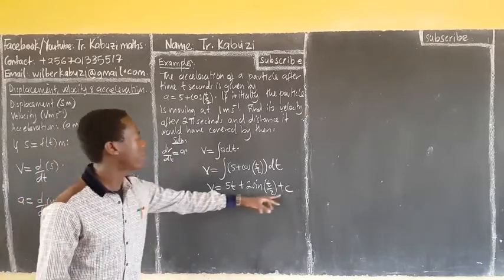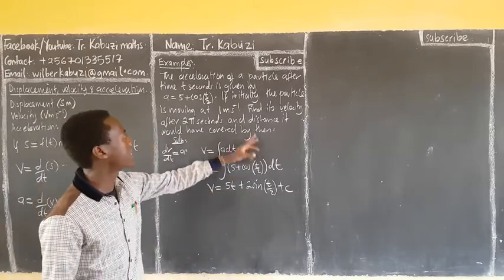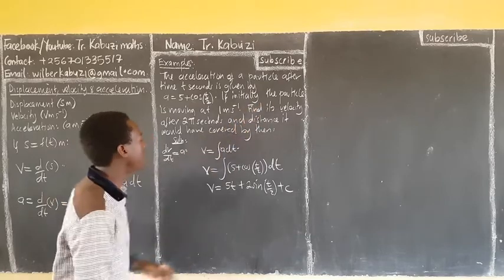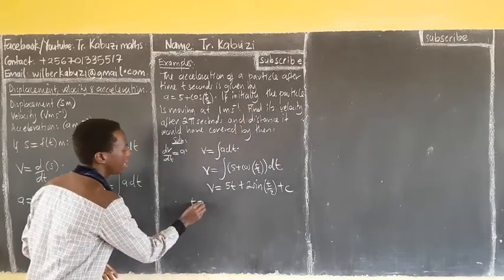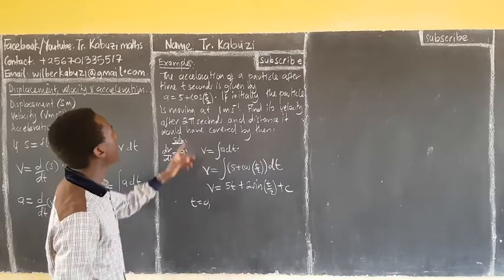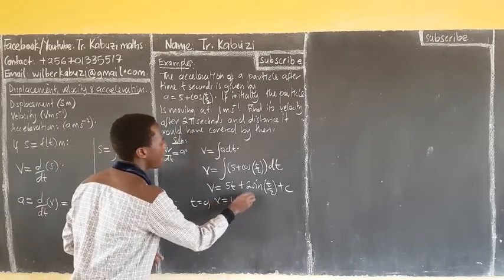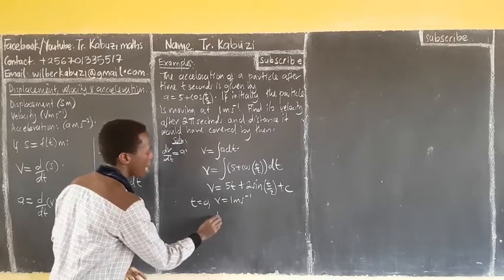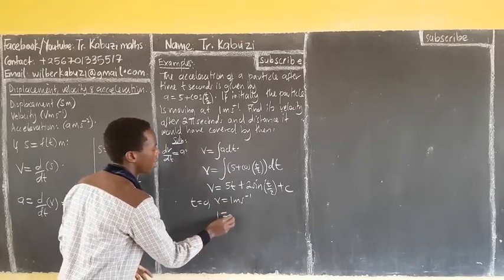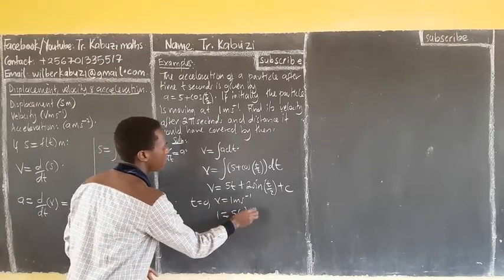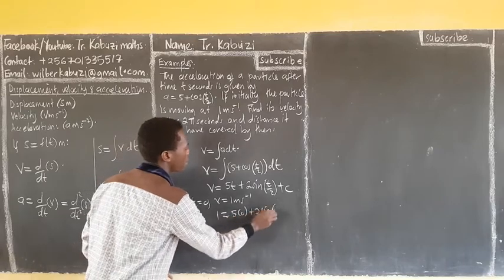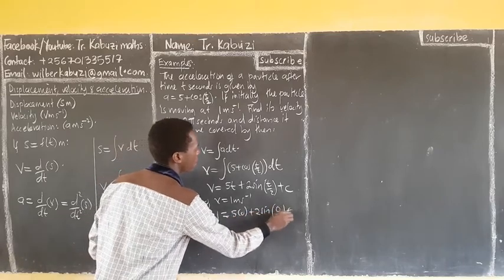So now how do I know this integration constant? They're telling me that initially, meaning when t is 0 seconds, the velocity is 1 meter per second. Putting it here, I have 1 equals 5 times 0, plus 2 sine of 0 over 2, plus c.